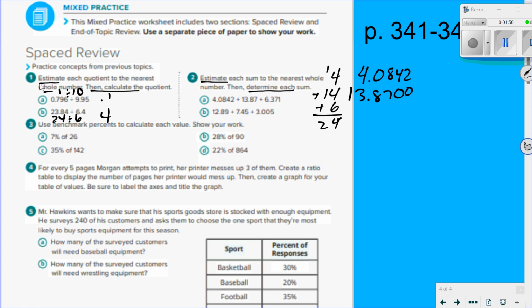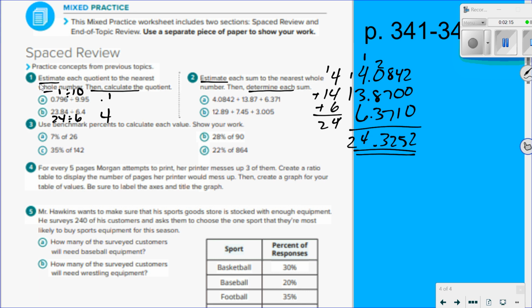I would recommend adding in trailing zeros to make sure that your handwriting is neat and you line everything up correctly. Now I'm just adding that up. There's 2, 5, 14, 22, 10, 13. My decimal comes straight down. 10, 14, 24. That looks really close to my estimate, so I feel pretty good about that.